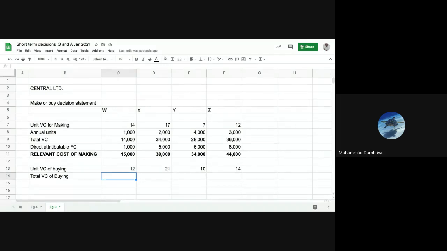You cannot see my screen, can you? Janko, can you see my screen? Are you Yes, following I the can see class? your screen. Exactly. So what I want is, I want you to tell us what formula we should use to calculate the total cost of buying. We know that the unit cost of buying is 12, and the annual units are 1,000, 2,000, and so on and so forth. Yes, So what yes, I can see your screen. Sorry?